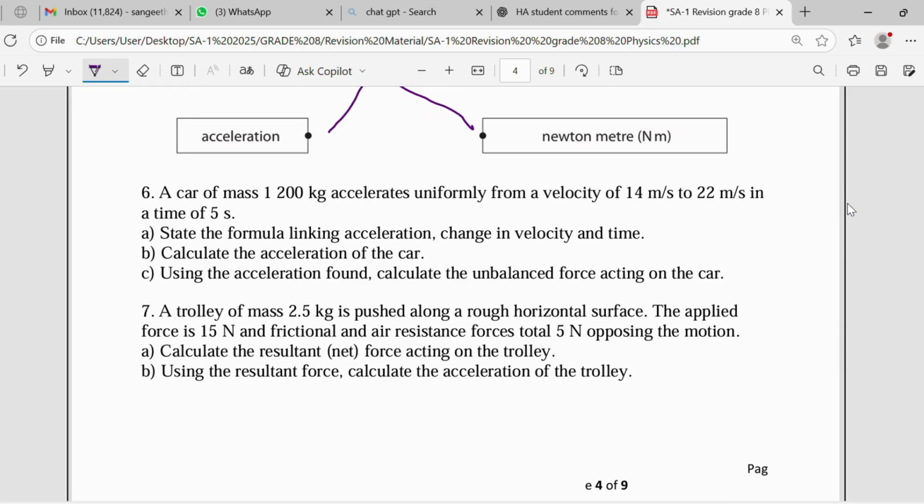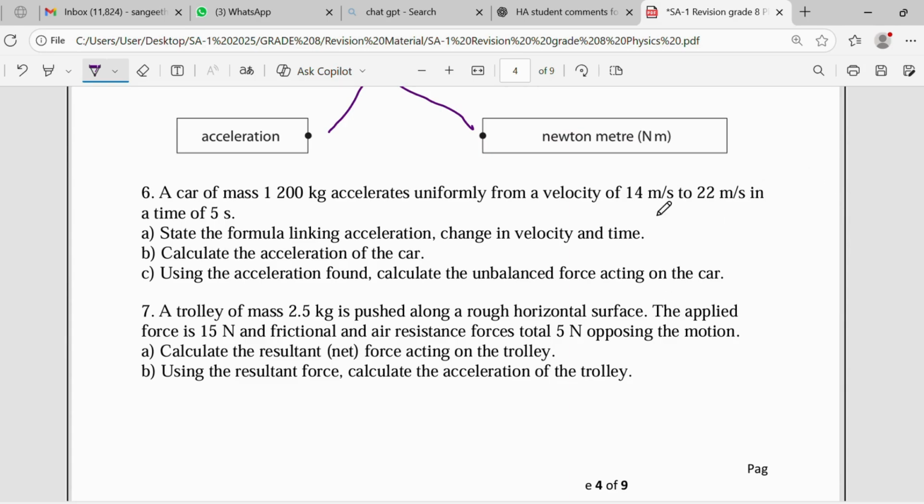Question number 6. A car of mass 1200 kg accelerates uniformly from a velocity of 14 meter per second to 22 meter per second in a time of 5 seconds. State the formula linking acceleration, change in velocity and time.